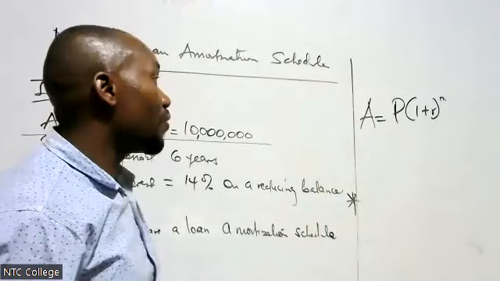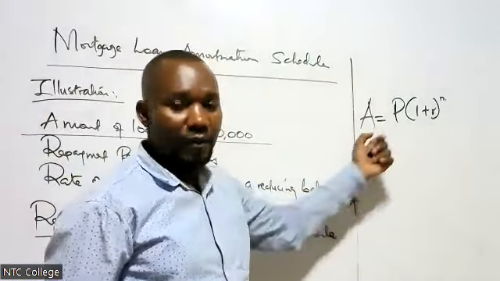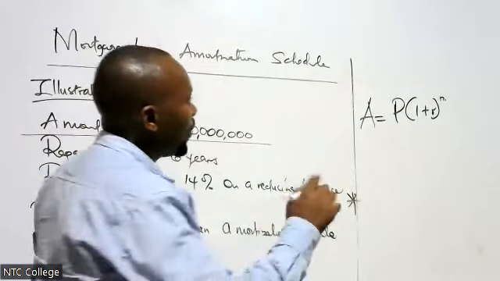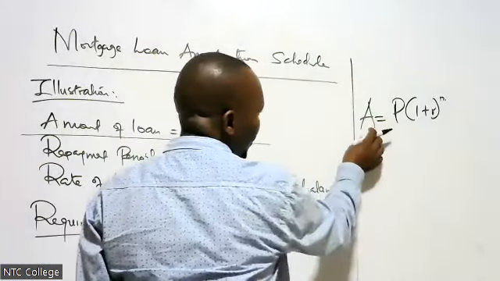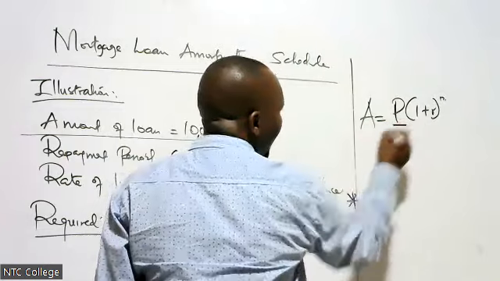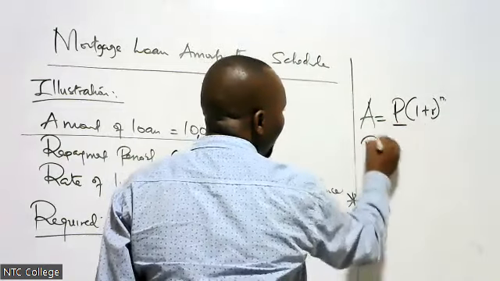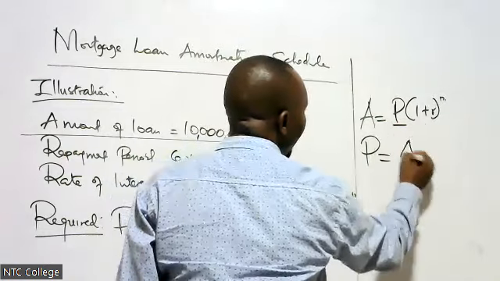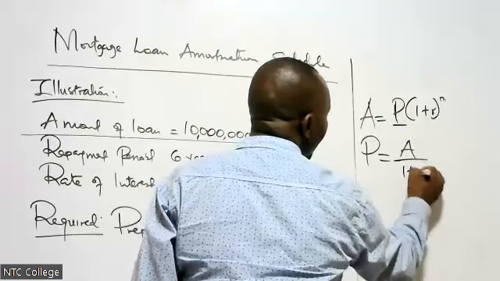Still, this is the amount that you place, but this one is a one-off thing. So if we know what we're going to get at the end of the period, then we can always make P the subject of the formula, so that P is equal to A all over 1 plus R.